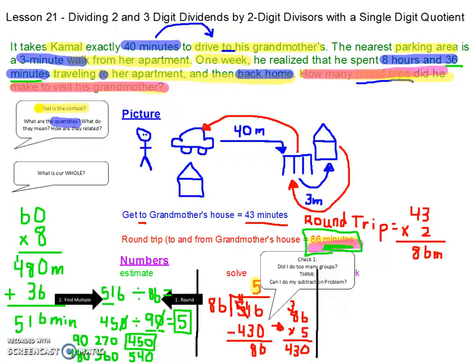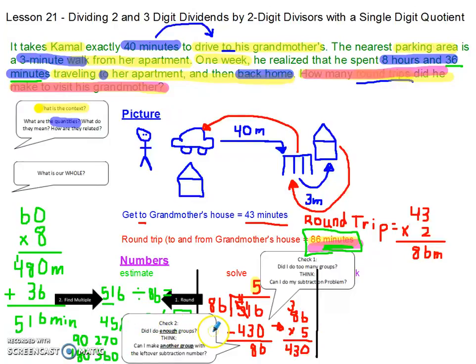Now here's where my second check comes in. So my check 2 is, did I do enough groups in my top number here in 5? And the way to think about that is, can I make another group of 86 with my leftover? And yeah, I can see that I have 86 left over and I can make one more group.